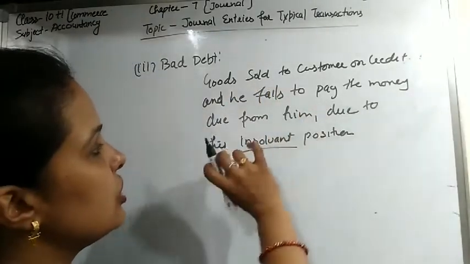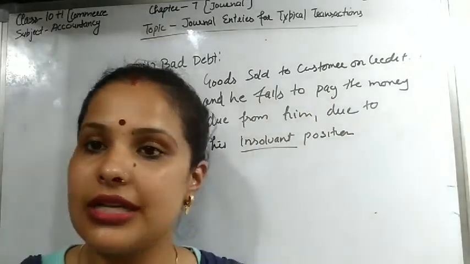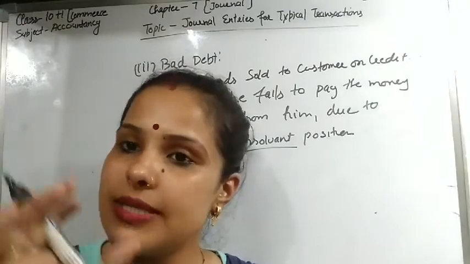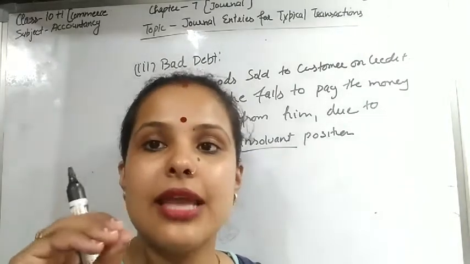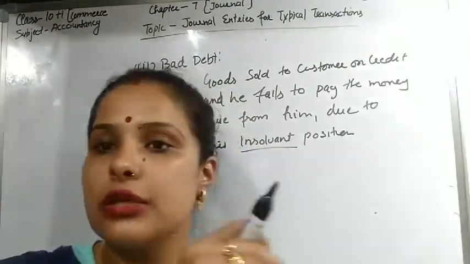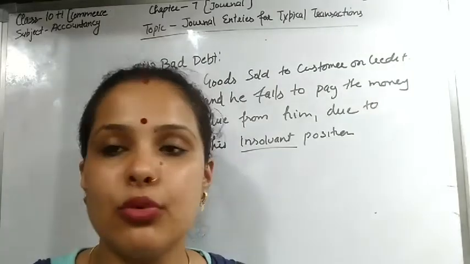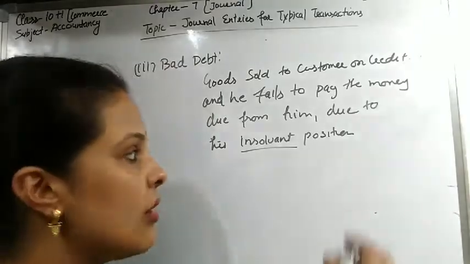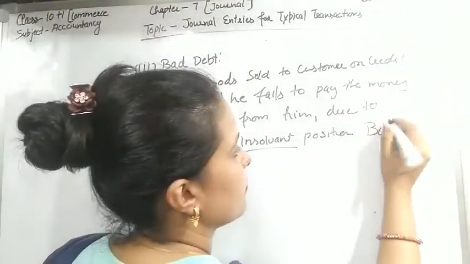So the amount which is due from the customer is not received. The amount due from the customer is a debt, and this debt is not received due to his insolvency, so at that time this debt is treated as bad debt.